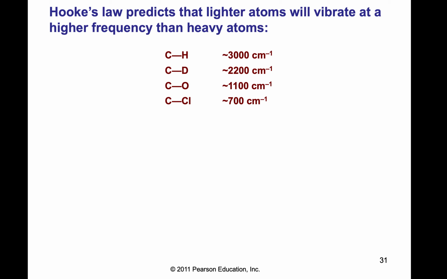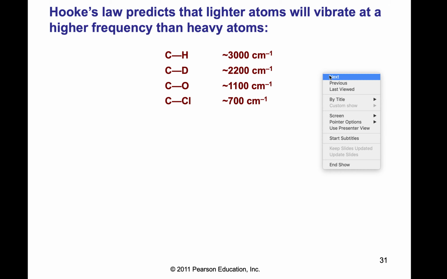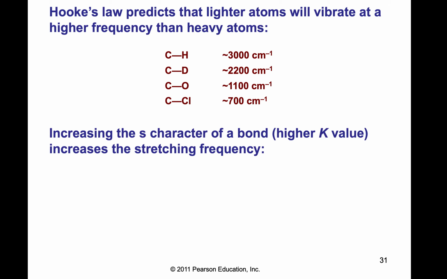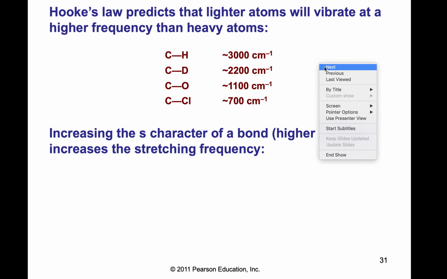A CO stretch is going to be 1,100 because oxygen's a lot bigger. And then CCl is all the way over to the far right, 700 reciprocal centimeters, because the chlorine is so much heavier than hydrogen. Increasing the S character of a bond will provide a higher K value, and it increases the stretching frequency.